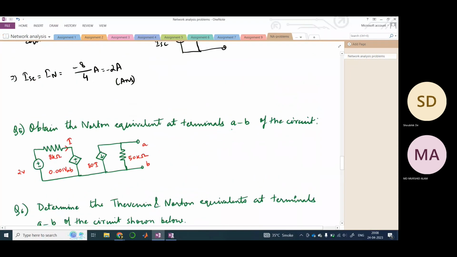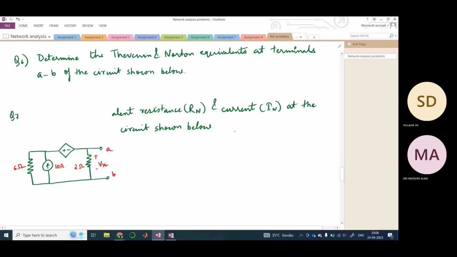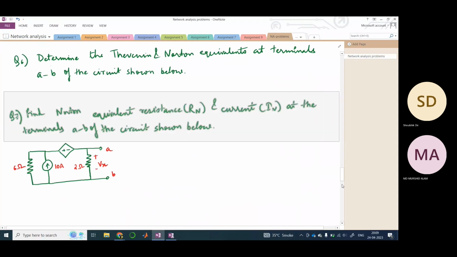Question 7 was: find the Norton equivalent Rn and current In at the terminals A, B of the circuit.